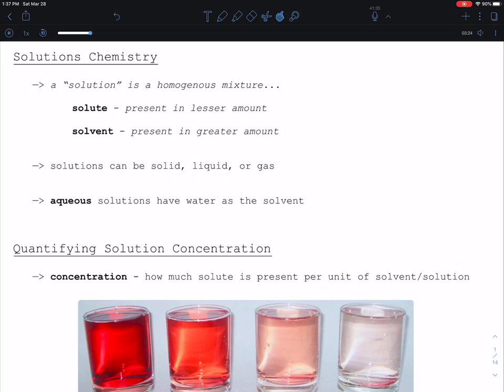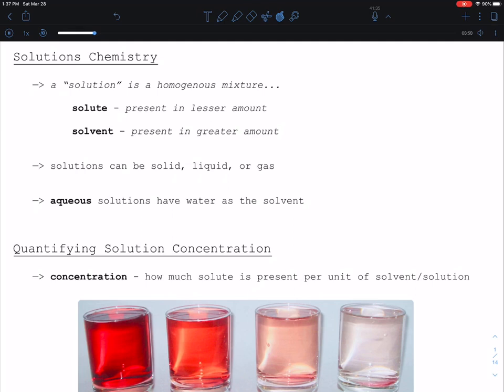So mercury was the solvent. And the solutes, because there were a few other metals in the dental fillings, were usually tin and copper, and then sometimes trace amounts of silver. But they were usually about 50% mercury by mass, and then little bits of the other species.